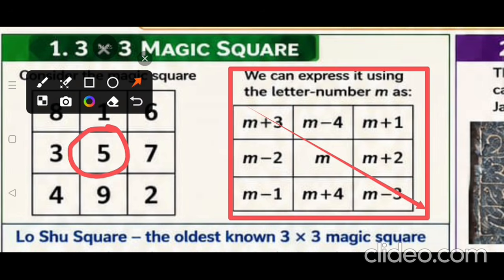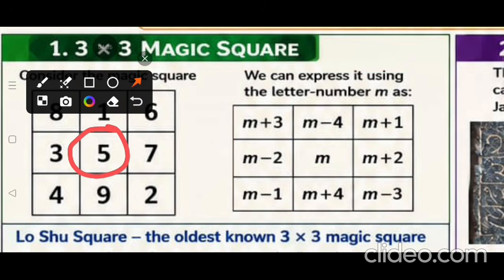M plus 1, m minus 1, the sum is 3m. So whenever we create a magic square, the sum of each row and each column will be 3 times the middle number m. So the magic sum will be 3m.